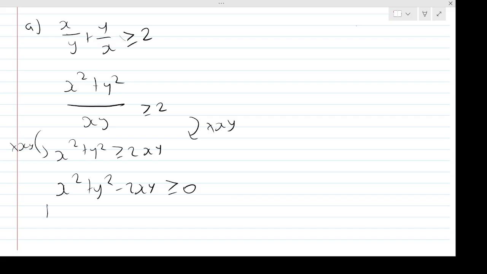Now, we can't really do anything at this point, but hopefully you can spot I could factorise this, but it's very ugly because I have an x and y. That's where these formulas are going to help. We're going to consider x plus y squared and x minus y squared, either or, right?